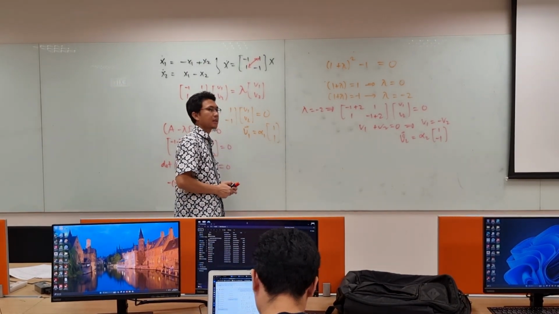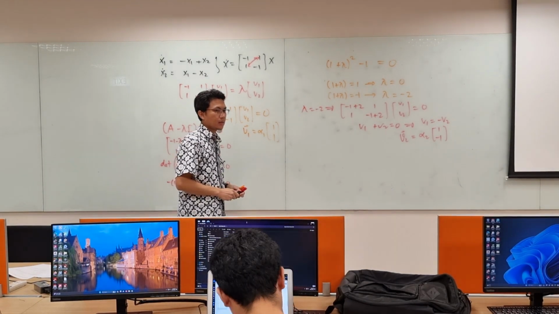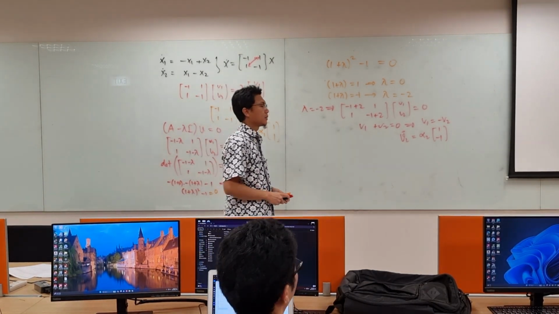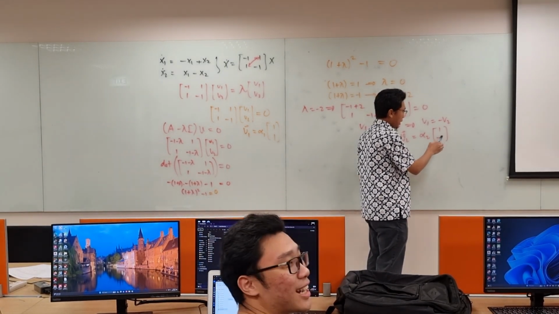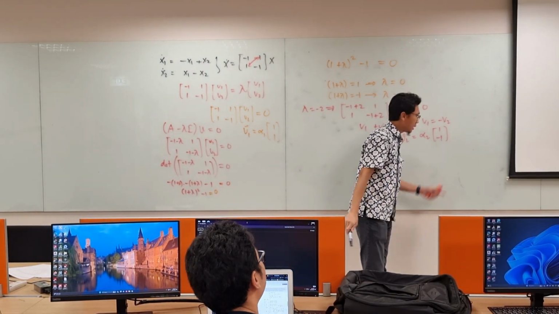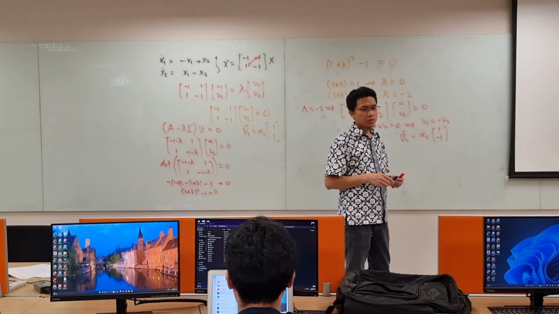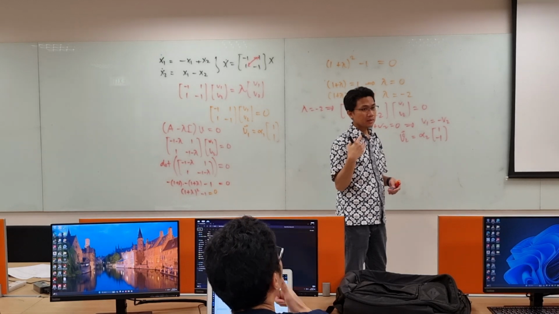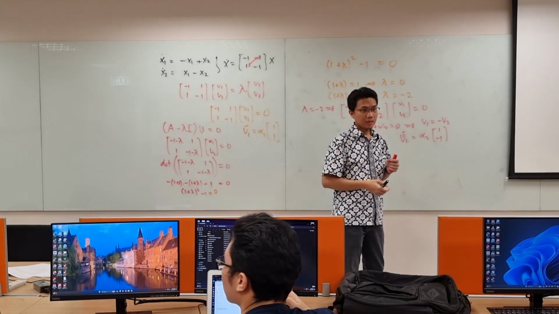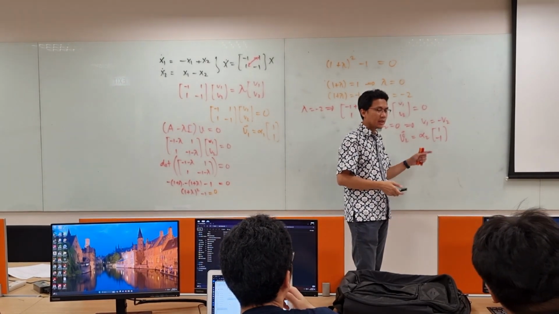If you are writing just a value 1 and minus 1, it only shows a point, not a direction. Okay, just a point, which is why you have to put the alpha. Then it gives you a direction.